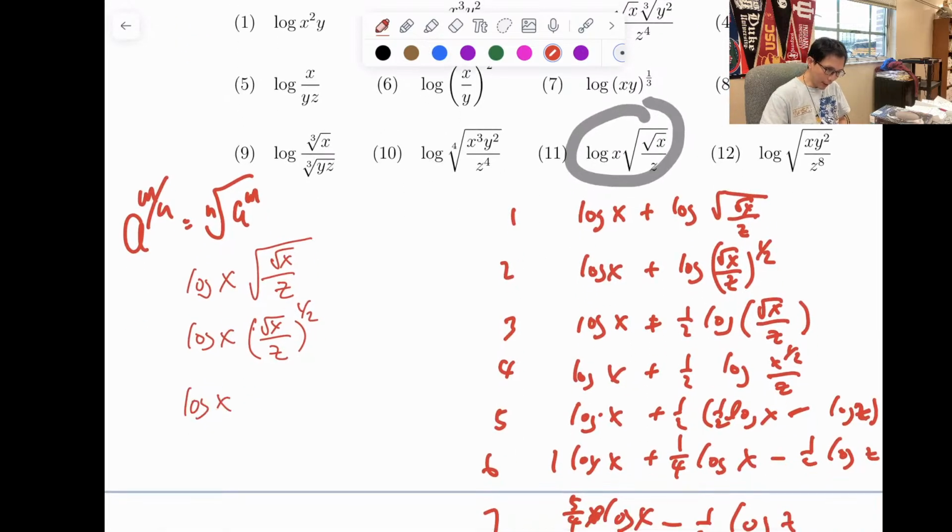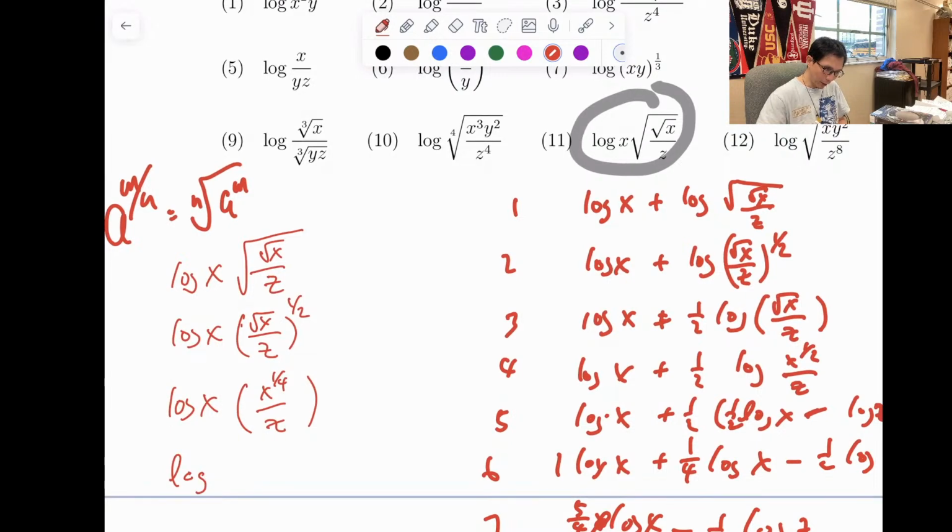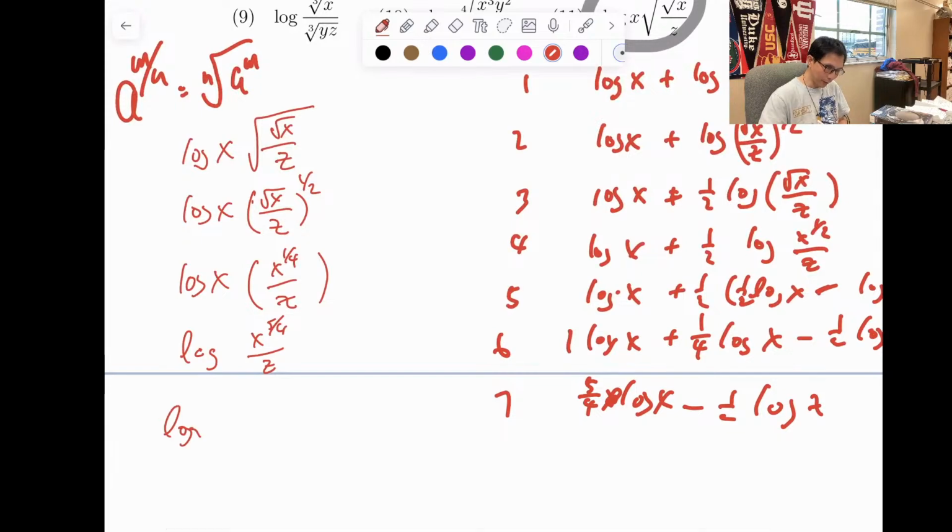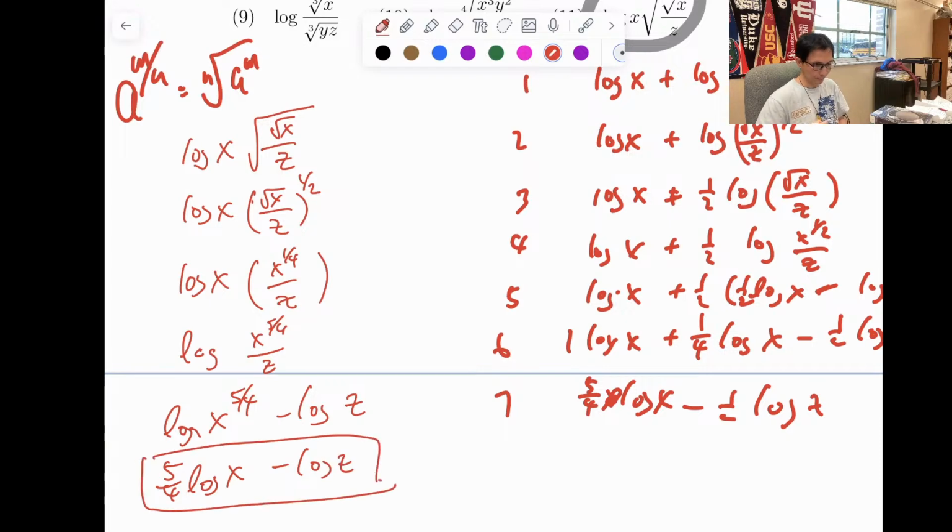And this is log of x times x to the 1/4 over z, and you can even say it's log of x to the 5/4 over z, and now you can expand. So log of x to the 5/4 minus log of z, and then 5/4 log of x minus log of z. Oh, yeah, that makes sense.